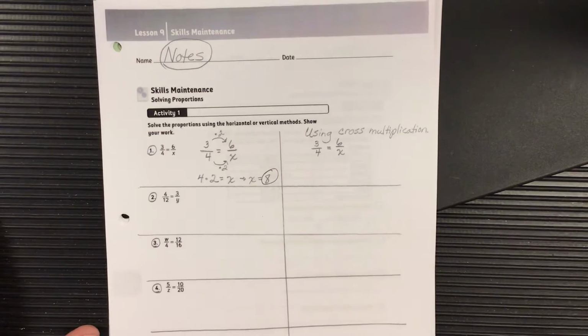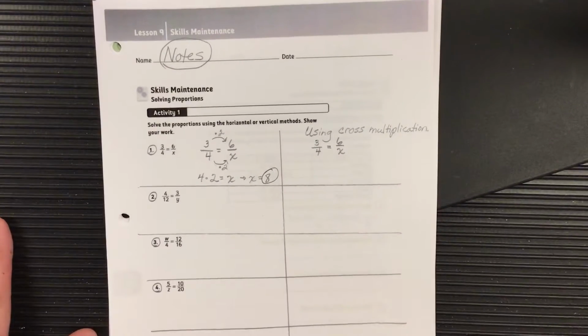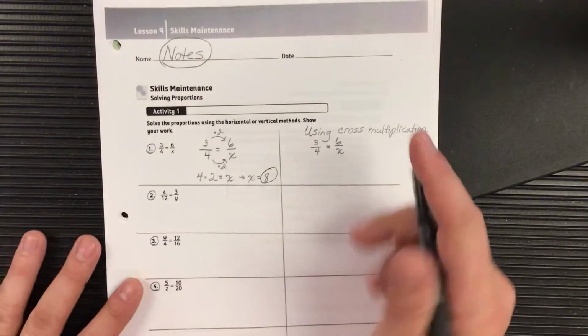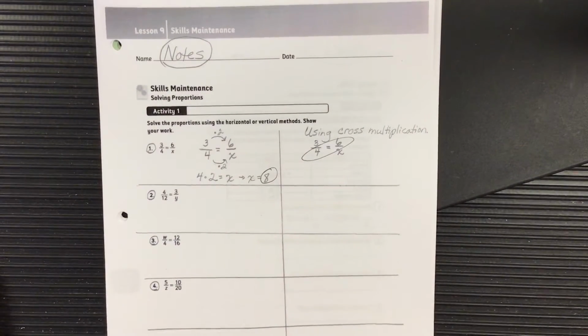The other way you can do it, and this works for all proportions, is if you see two numbers across from each other diagonally. Do you see two numbers across from each other diagonally? Yes? You multiply them.